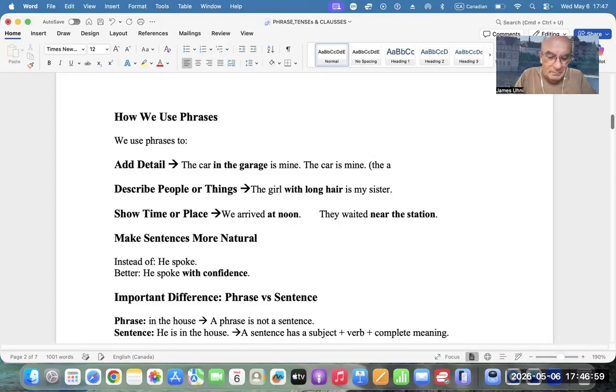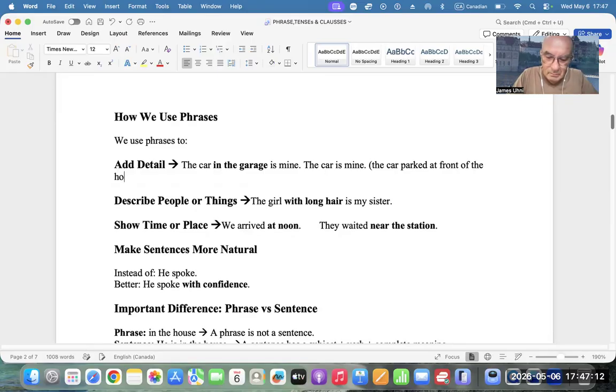The car parked at the front of the house is an old car. I will say, okay, old car. That's enough.